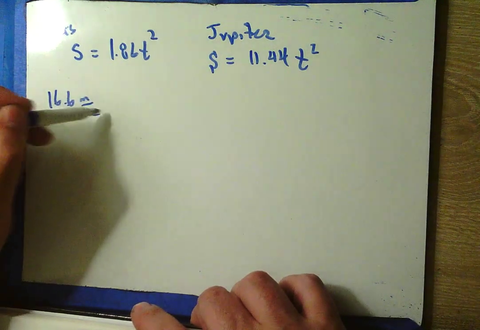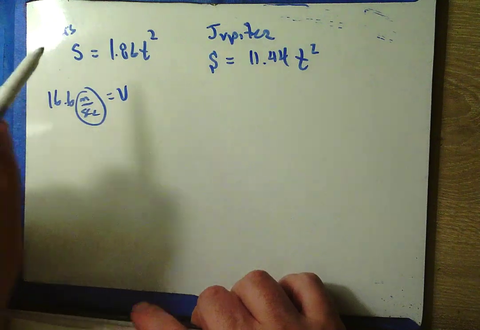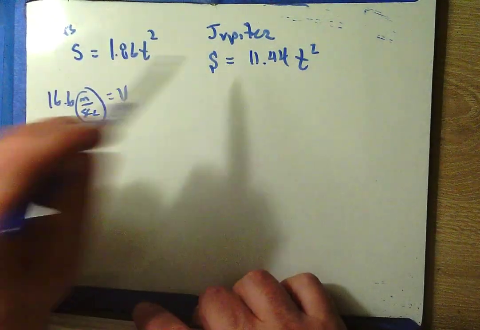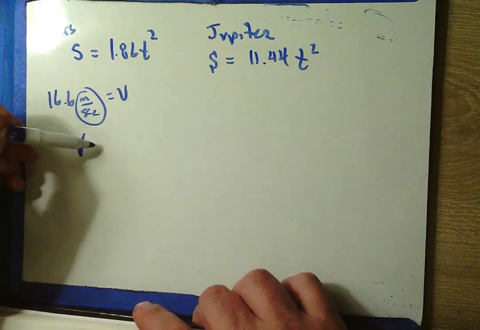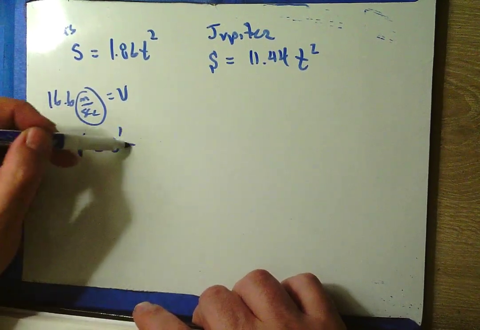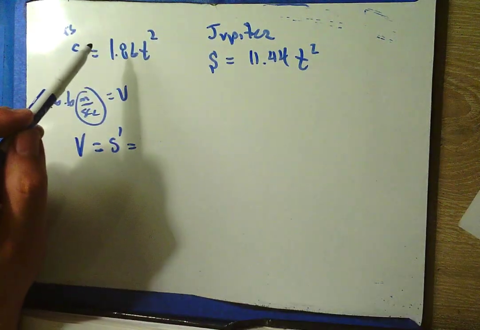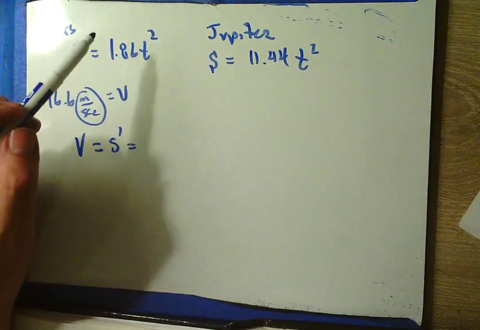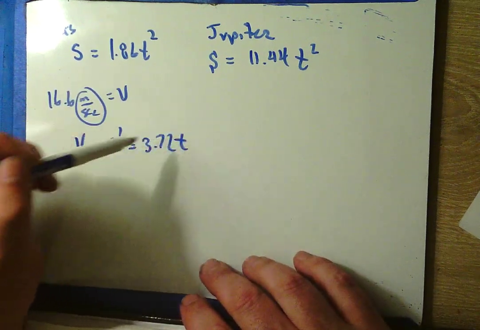meters per second? Hey, meters per second, that's a velocity. So what I need to be looking at is not these position equations, I need velocity equations. So velocity is s prime, so I need to take the derivative of this, and when I take the derivative of this, I get 3.72t.